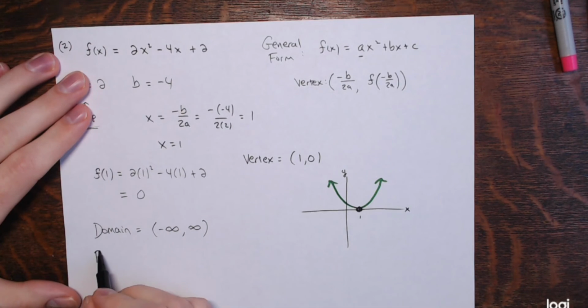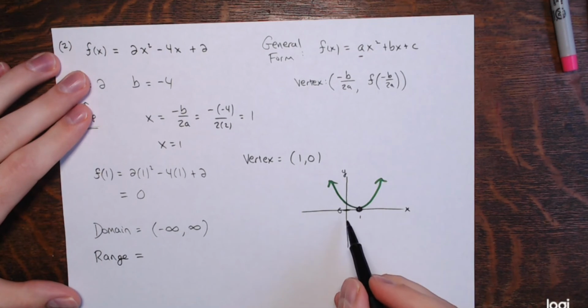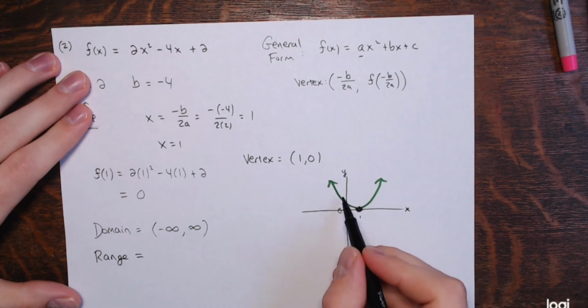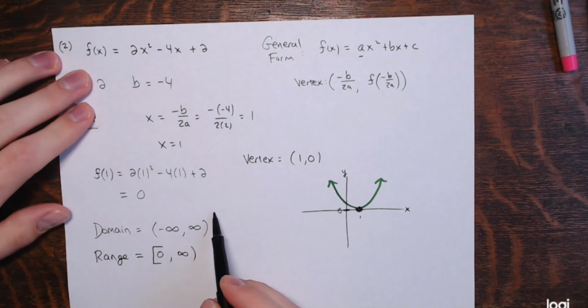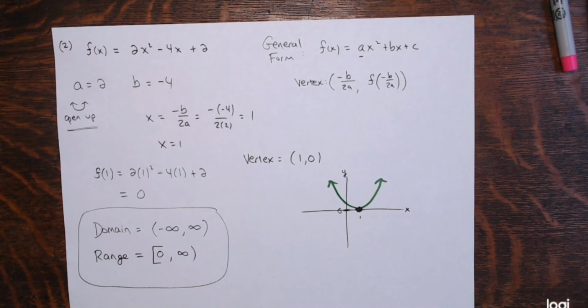The range, however, is not all real numbers, right? The range, going low to high on the y-axis, the lowest y-coordinate is 0, and then it goes up. All the y-coordinates above 0 are used in this graph. So from 0 to infinity, including 0, and then always parentheses on infinity, and there you go. This is what they wanted, right? What's the domain and range of that function? Easy, in my opinion.